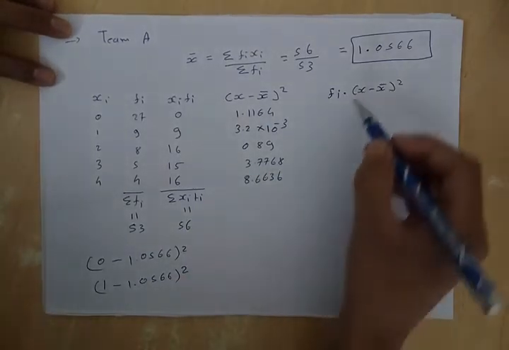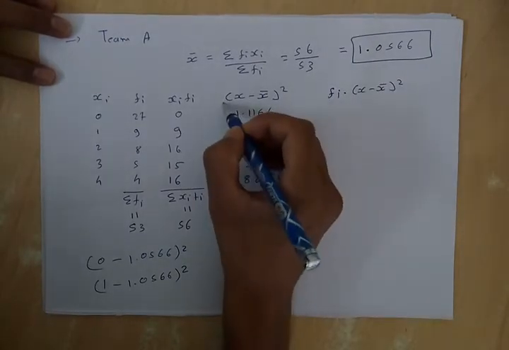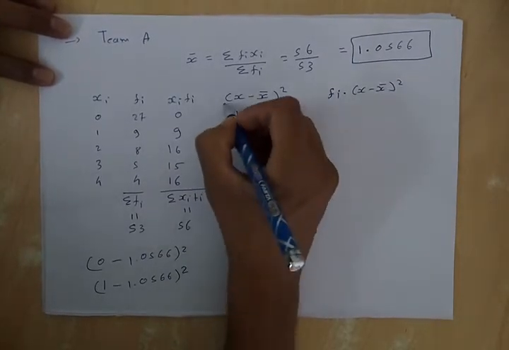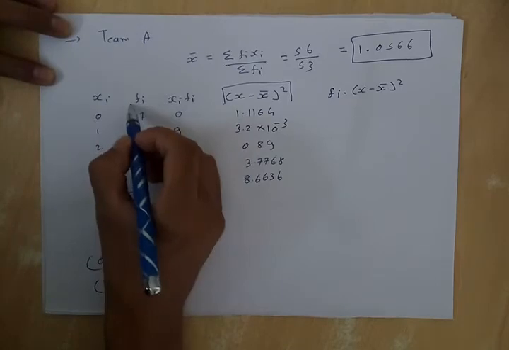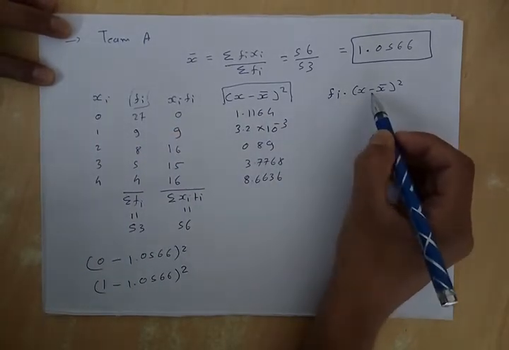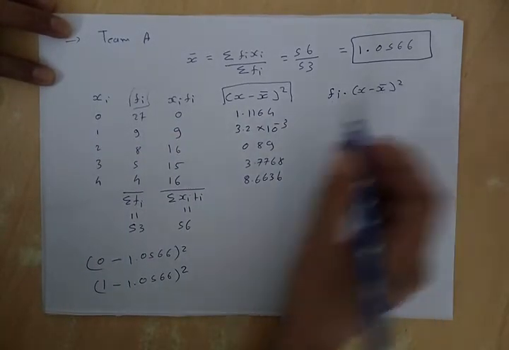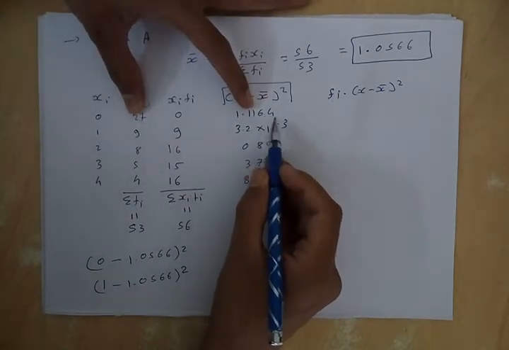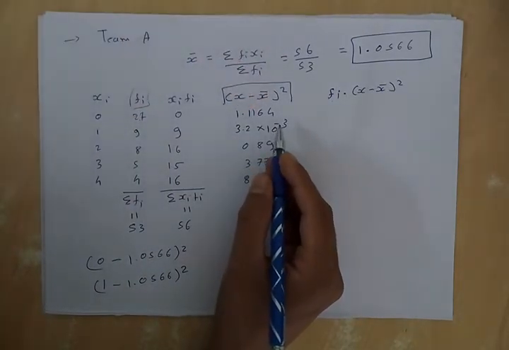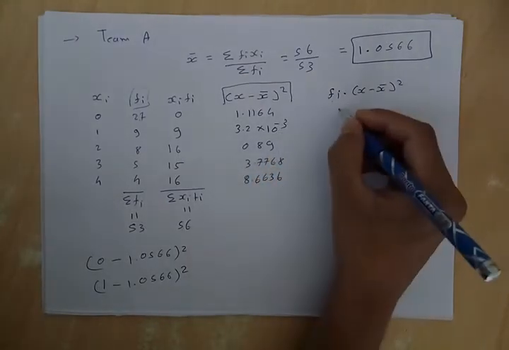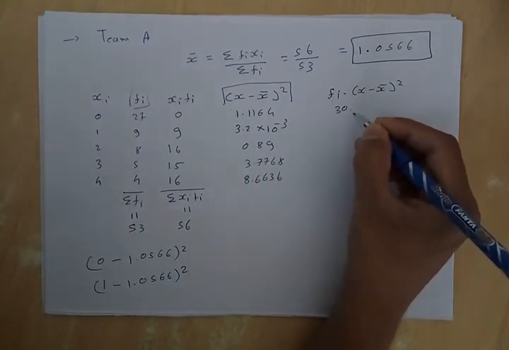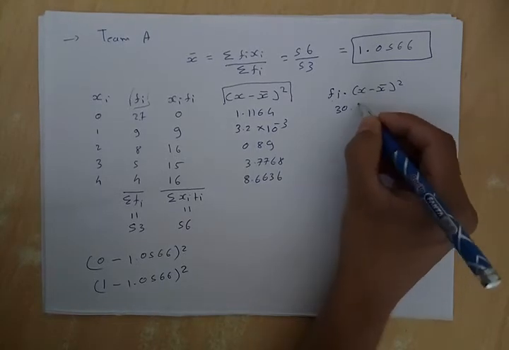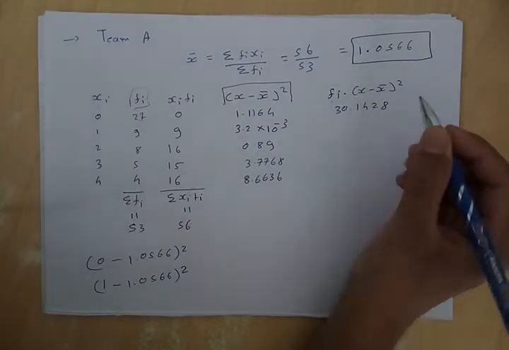Now you have to multiply values in this column and this column in order to get fi times x minus x bar whole square. So 27 times 1.1164. So it will give you value of 30.1428.